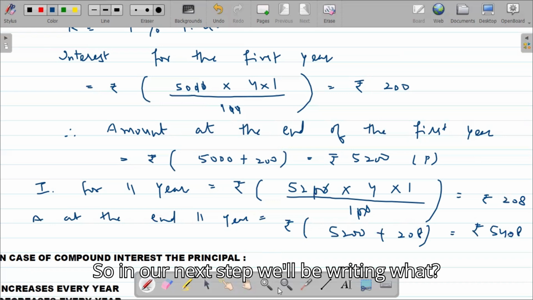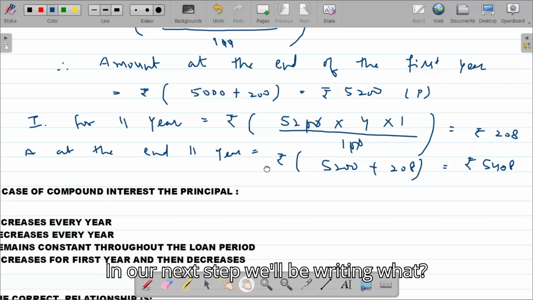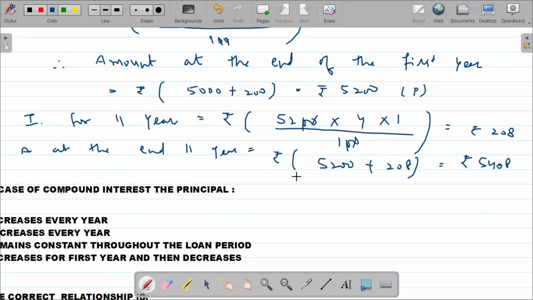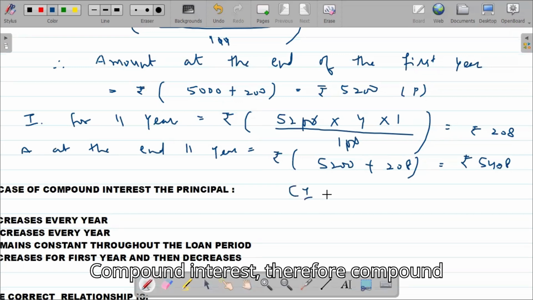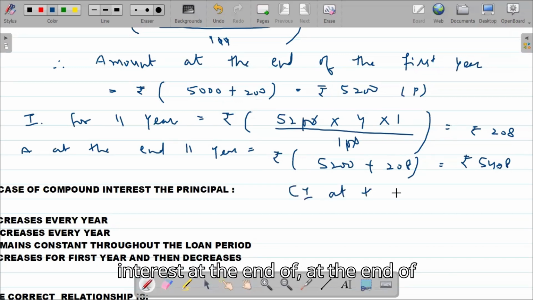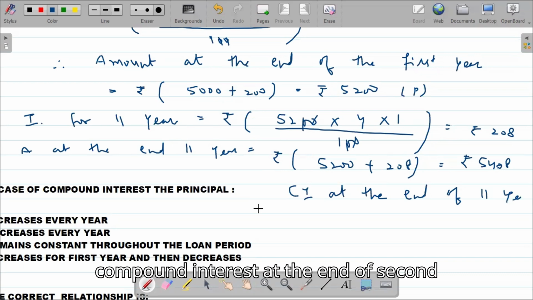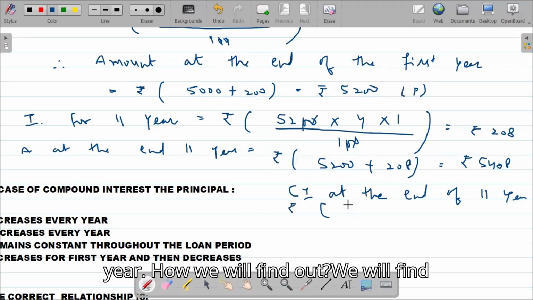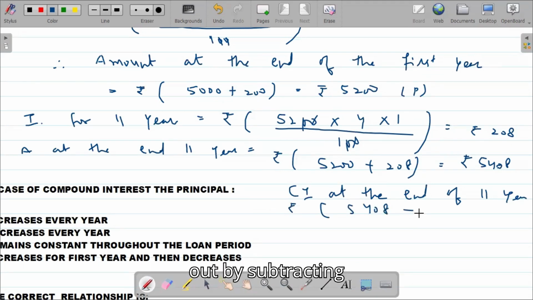So in our next step, we will write compound interest. Therefore, the compound interest at the end of the second year, how will we find it? We will find it by subtracting 5,000 from 5,408.